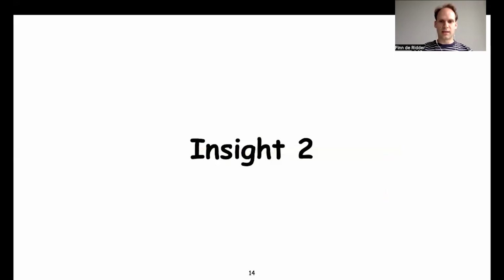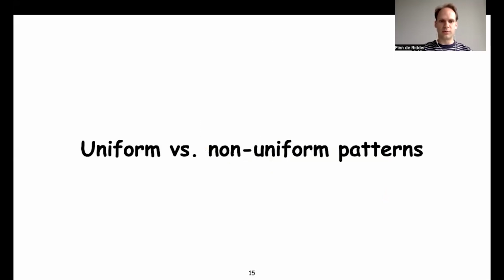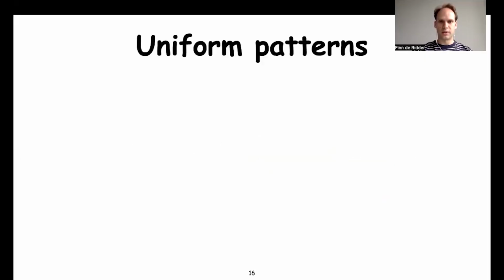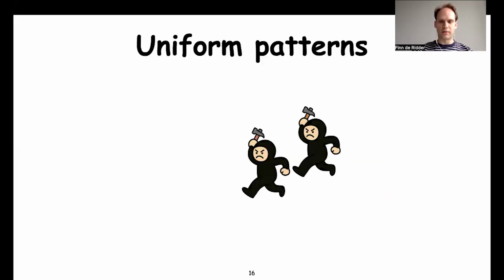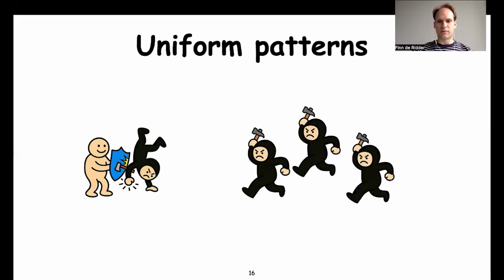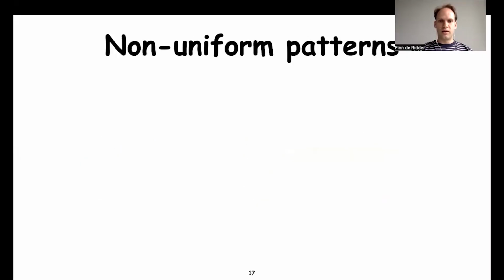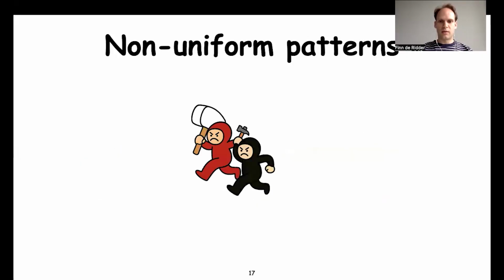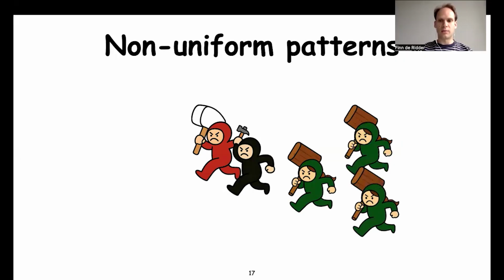The second insight is related to the difference between uniform Rowhammer patterns and non-uniform Rowhammer patterns. In a uniform Rowhammer pattern, there's either one aggressor or several aggressors, but they're all hammered equally, and this does not make them that effective. In a non-uniform pattern, however, there are several different aggressors that target different rows, and they're not hammered equally.